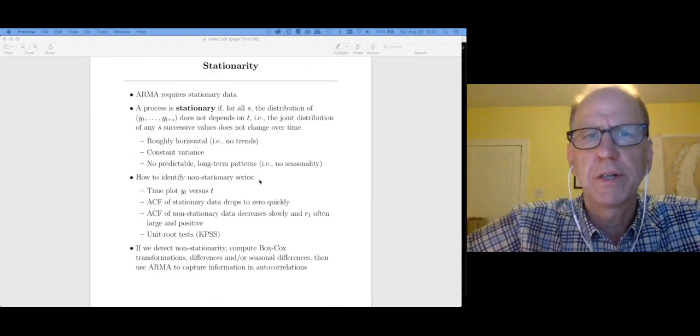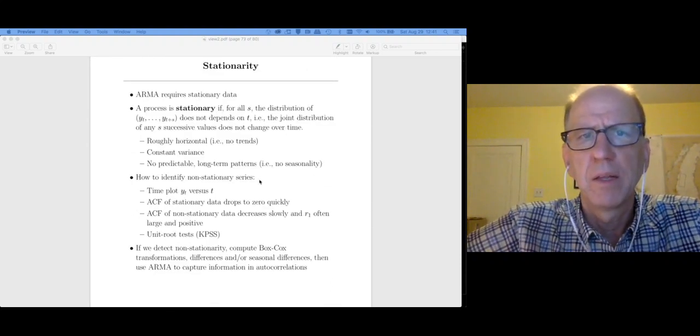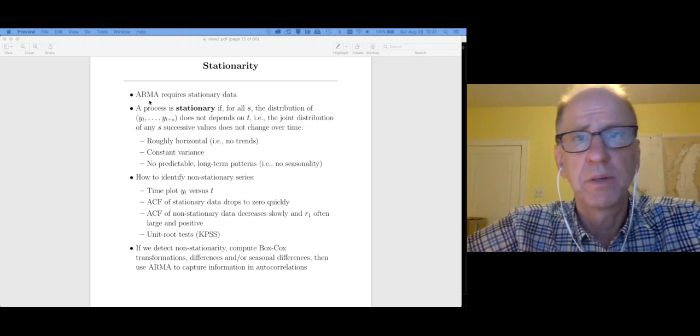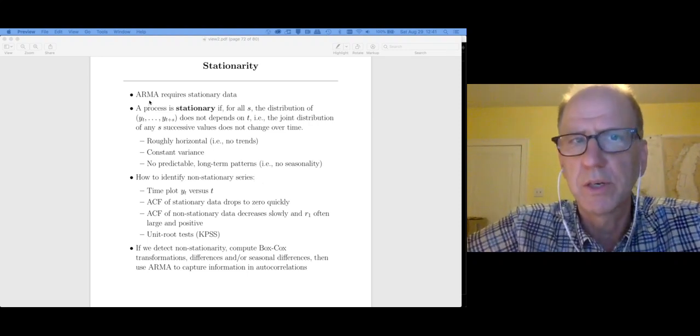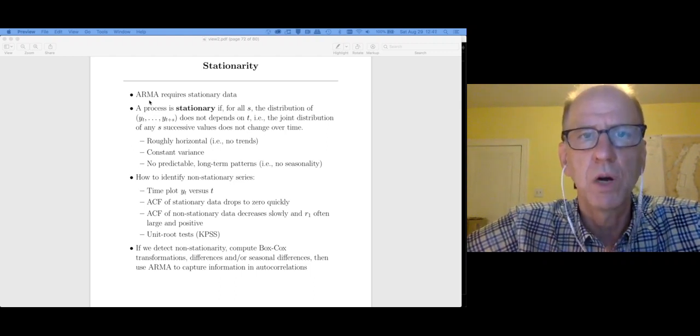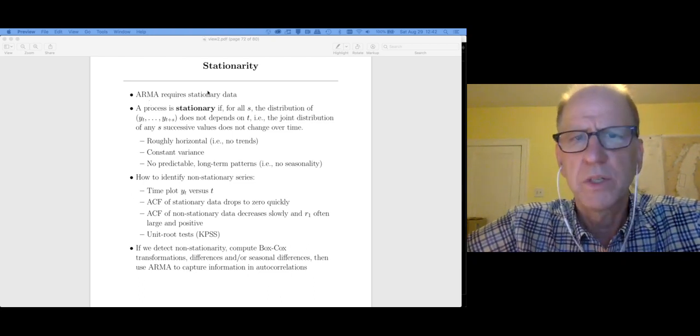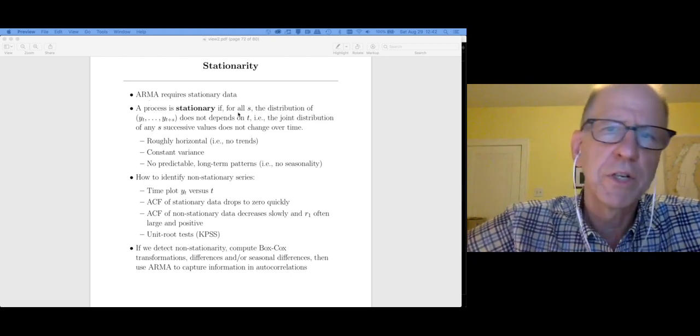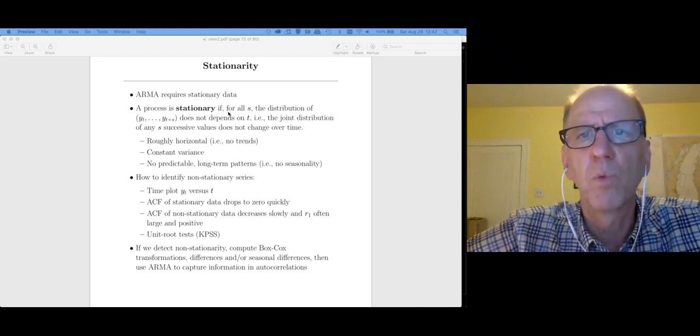What is stationarity? Let me start by reminding you that the reason we care about stationarity is that ARIMA models assume it. So we can't use ARIMA unless we've got stationary data. So what is stationarity? Well, this was the definition I gave you back in week 1.